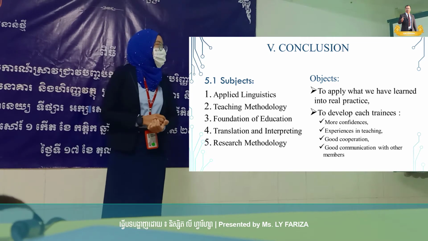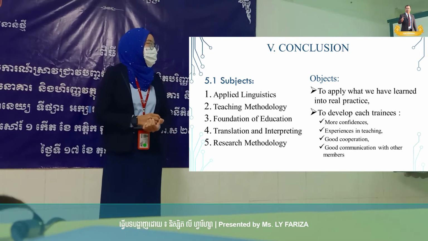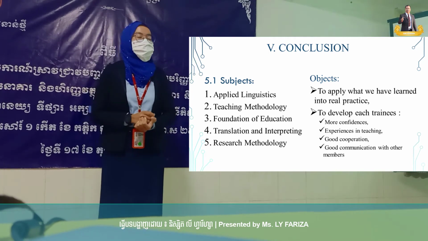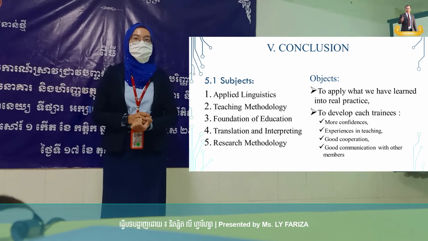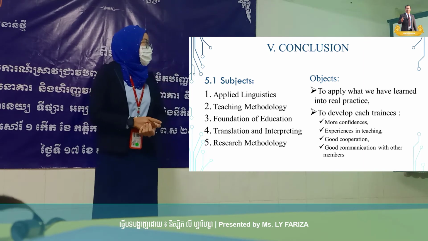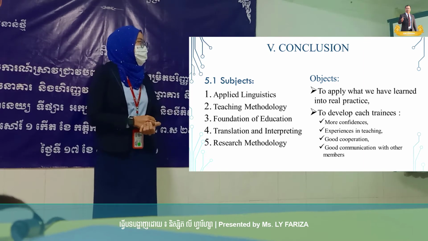And the third talks about the production of education. This lesson is about learning the system of education and general knowledge. And the fourth talks about translation and interpreting.